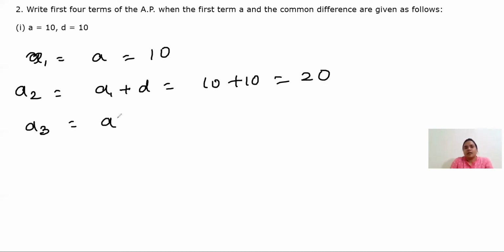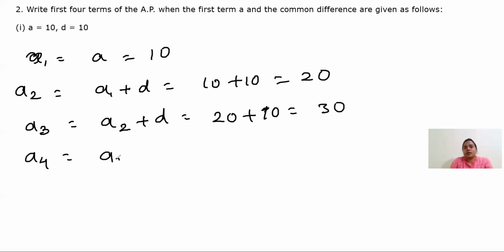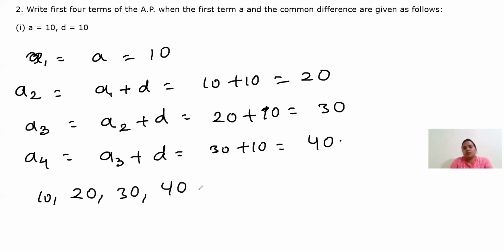A3 is A2 plus D, 20 plus 10, 30. A4 is A3 plus D, 30 plus 10, that is 40. So the first 4 terms are 10, 20, 30, 40 and so on.